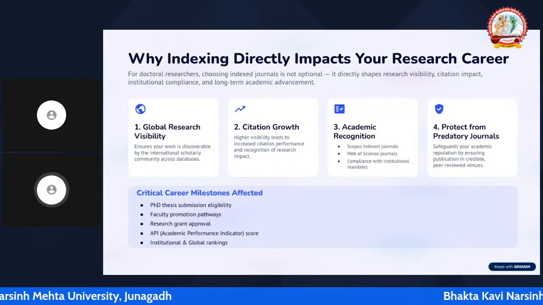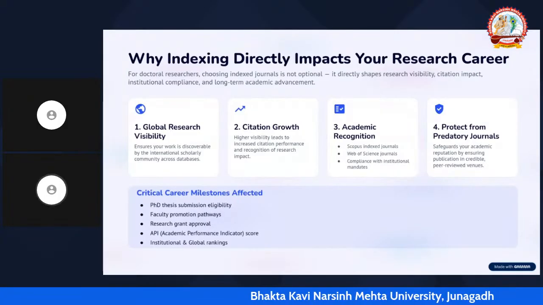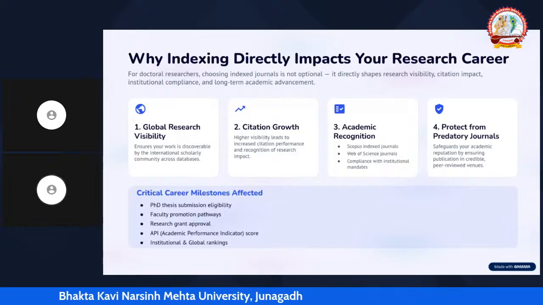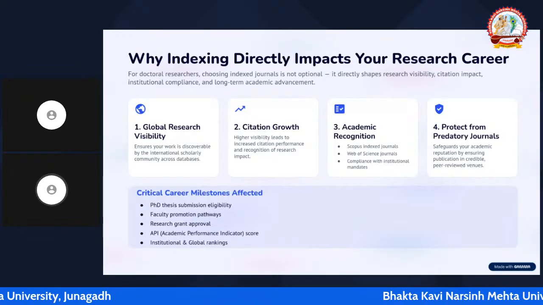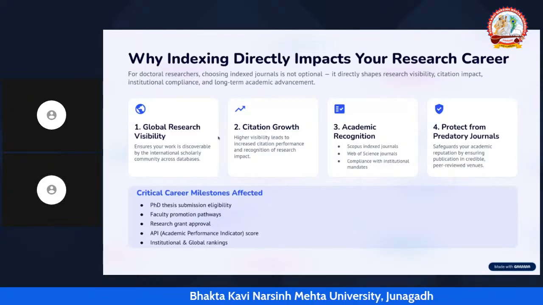If I am publishing my paper in a journal with a very high impact factor, say for example 5.3, having a journal that can be accessible throughout the world, that is the usability of global research visibility.